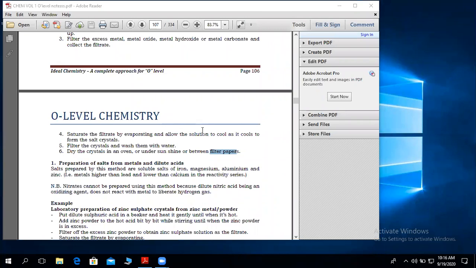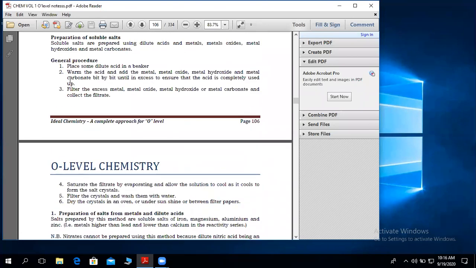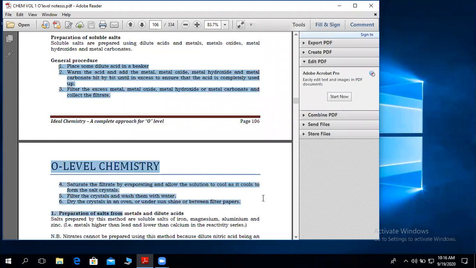So before I take you to preparation of the other salts, is there anyone who has a question about these general methods? Something that is not yet understood, because this is very, very important. When we ask this question, we give it around 8 marks or 7 marks, because out of these steps, 1.5 marks is for the equation.